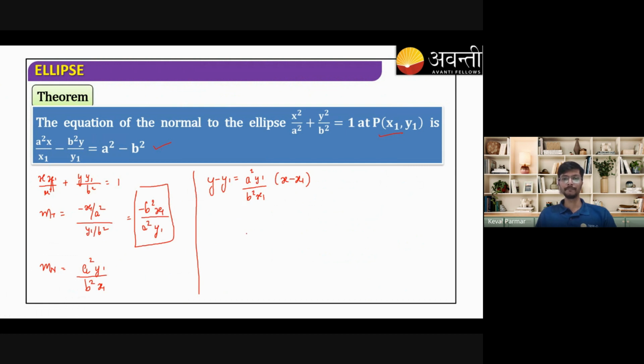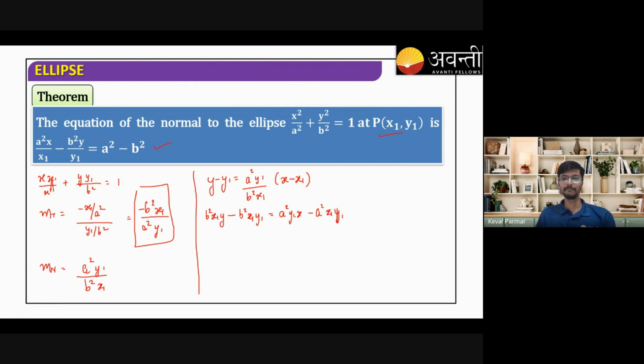Let us check. So if we cross multiply, I'll get b square x1 into y minus b square x1 y1 is equal to a square y1 into x minus a square x1 y1. So let us group the terms of x and y.